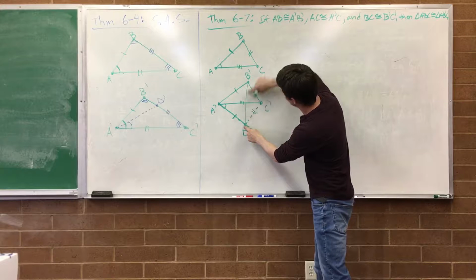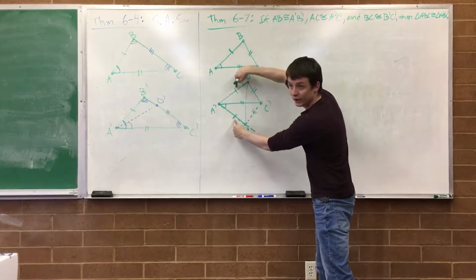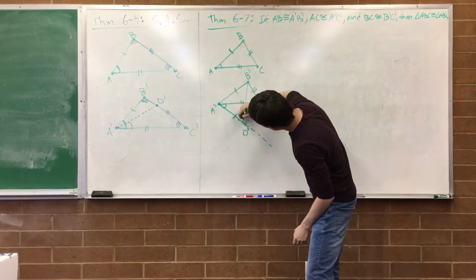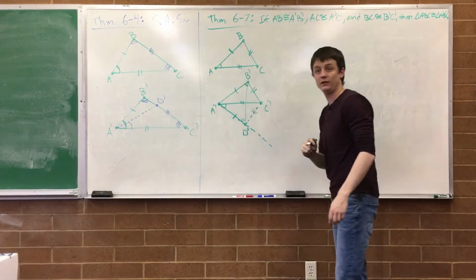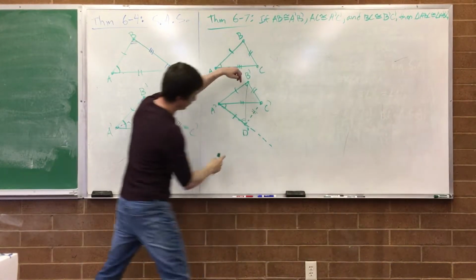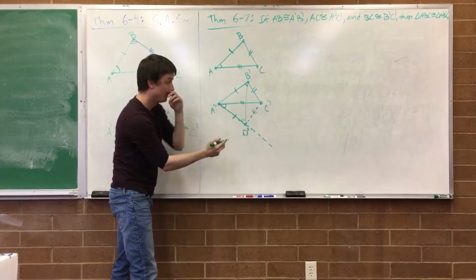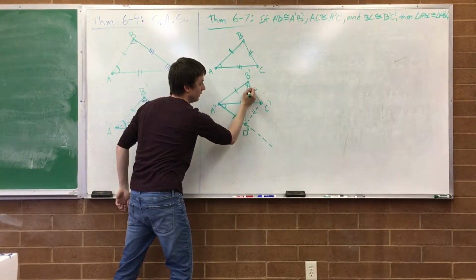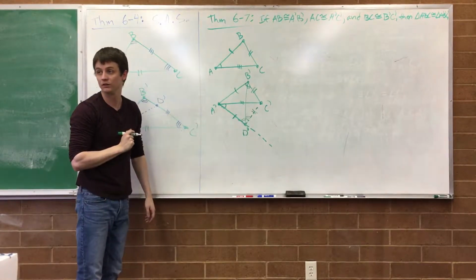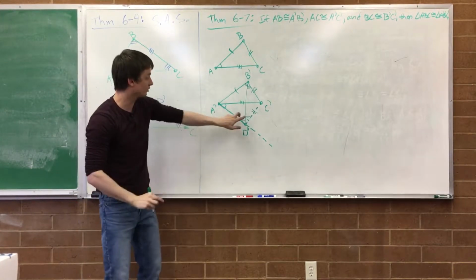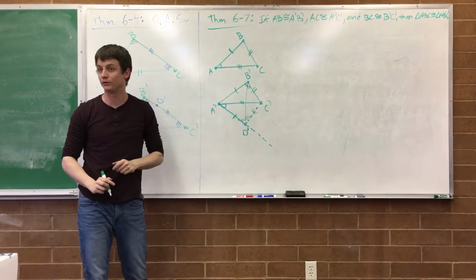Look at this triangle as these two sides equal, which means that this angle is equal to this angle, right? And then look at this isosceles triangle, which gives us that this angle is equal to this angle, right? And then the sum of those two angles is equal to the sum of those two angles.